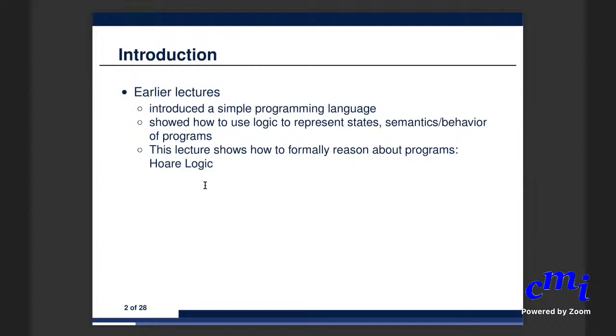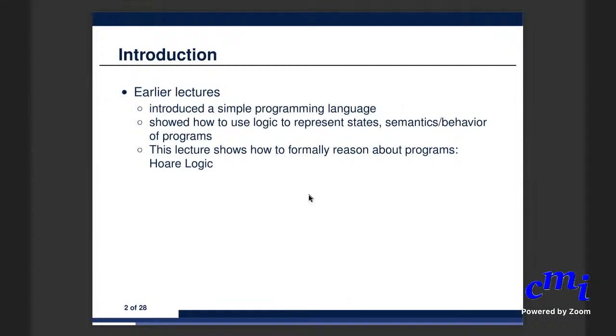In both formalisms, the semantics of a program was treated as a set of execution traces starting from some state, where a state is a valuation for the variables in the program, and ending in a final state if it is a terminating program.